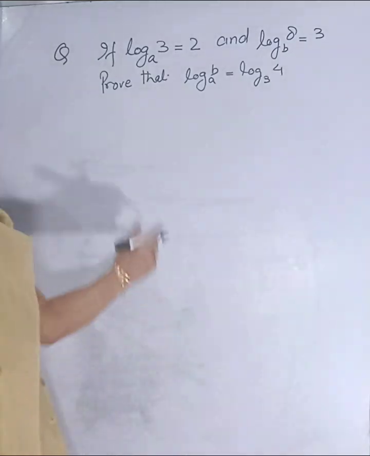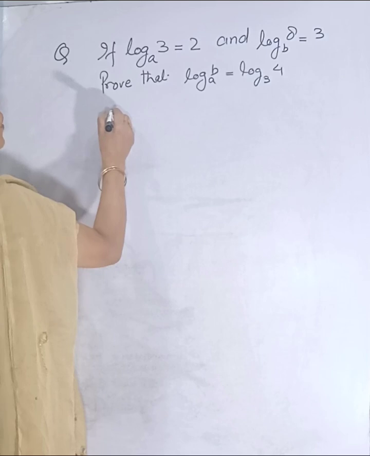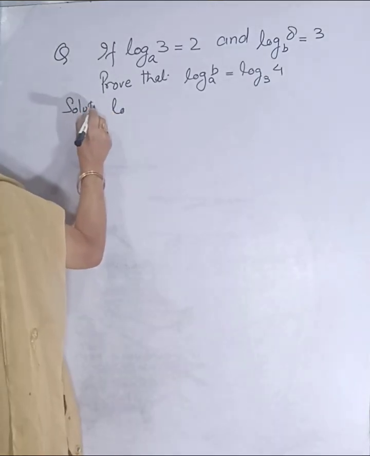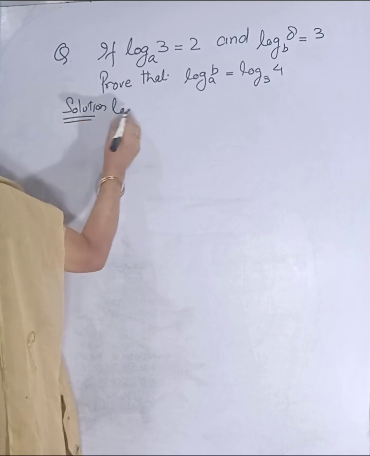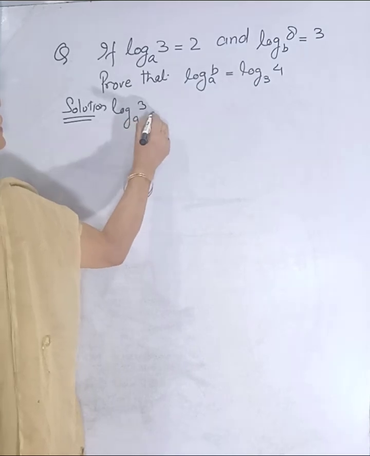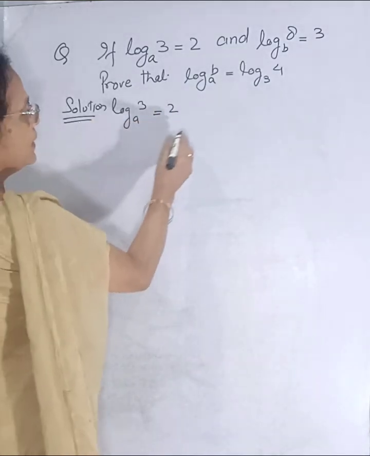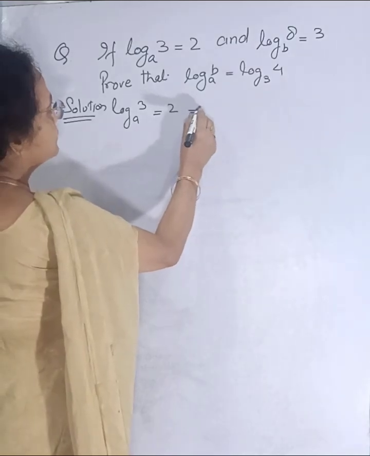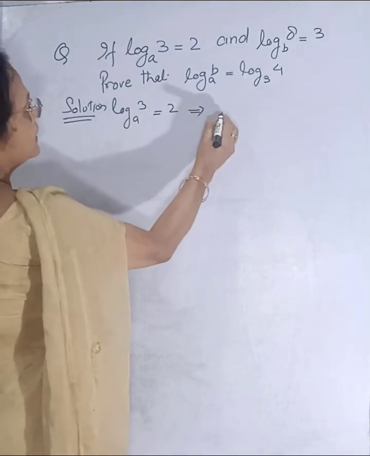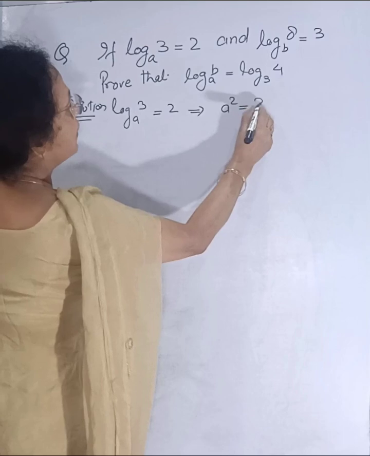ओके, अब स्टार्ट करते हैं. We are given log of 3 to the base a is equal to 2. ठीक है, इसको हम क्या लिख सकते हैं, we can write it as a to the power 2 is equal to 3.